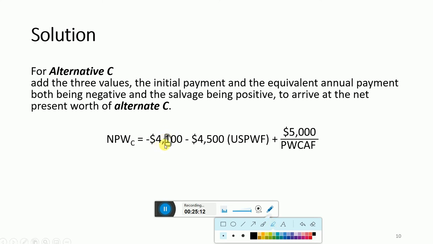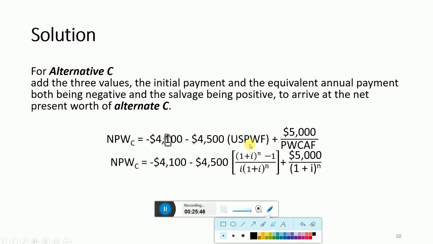So this is 4,000 which we have to pay in the beginning, and then 4,500 which we have to pay each year for 3 years, at the end of each year for 3 years. And this is the salvage value. So the salvage value is 5,000 at the end of 4 years. So how much worth it has right now, and this we have to pay after 3 years. So how much worth it has right now.